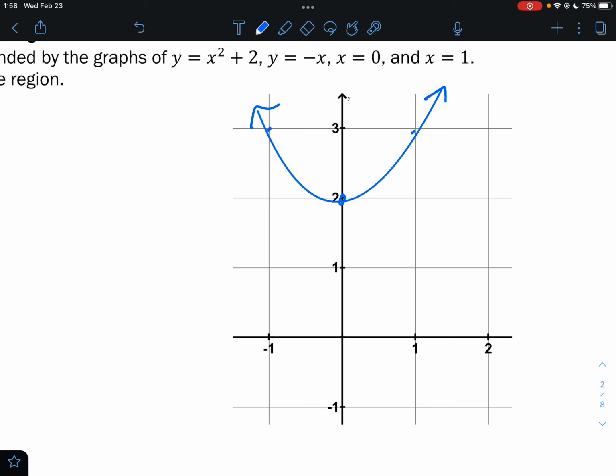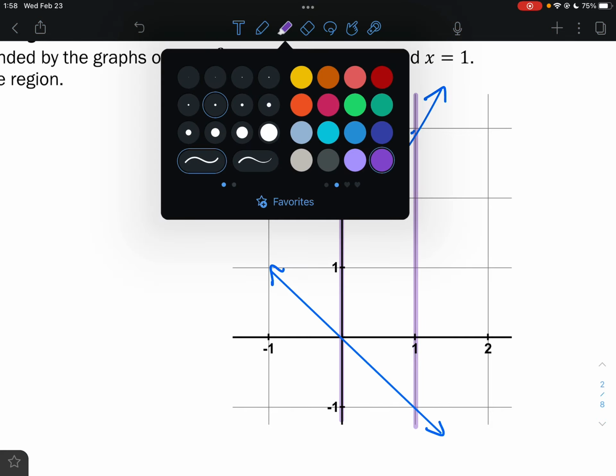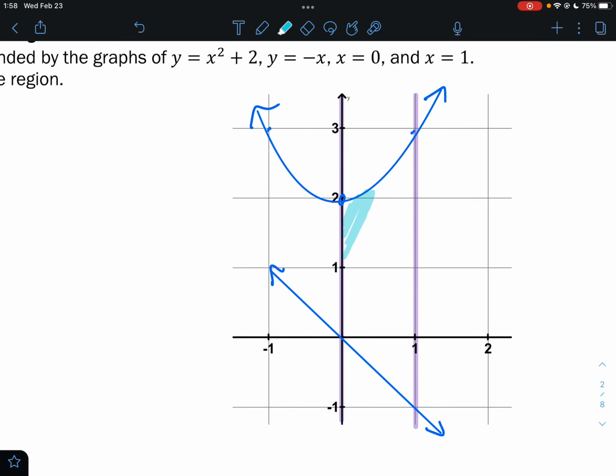And then the graph y equals negative x is a line. Looks like this. X equals 0 and x equals 1. So the region that we're trying to find here is this region that I'm coloring in here in this light blue color. That's the region we're trying to find.